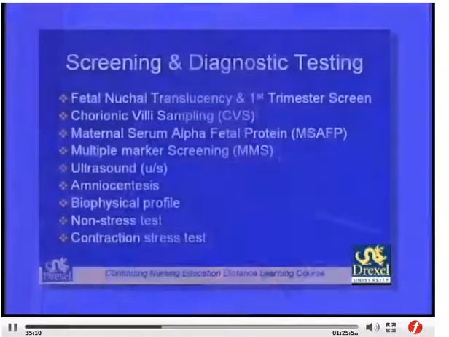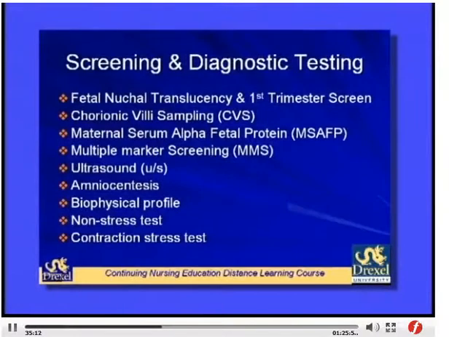So by no means are these tests 100% foolproof, and that's very important to tell the woman, is that a CVS and amnio, as much as they're diagnostic, they're not 100% diagnostic. The biophysical profile is another test we can offer, and this is later in pregnancy. This is use of the ultrasound to assess fetal well-being.